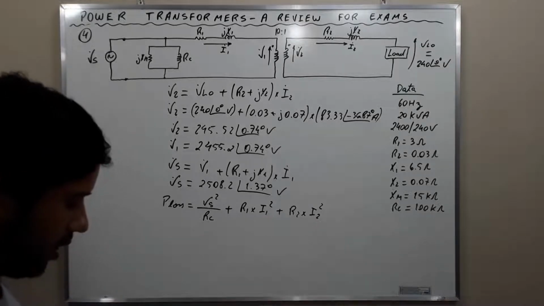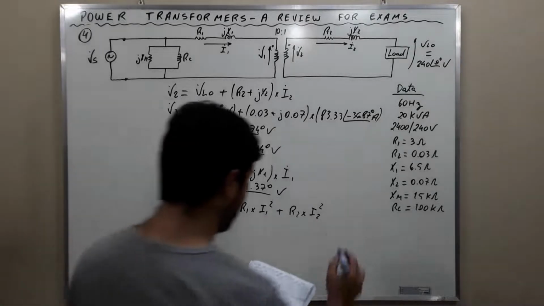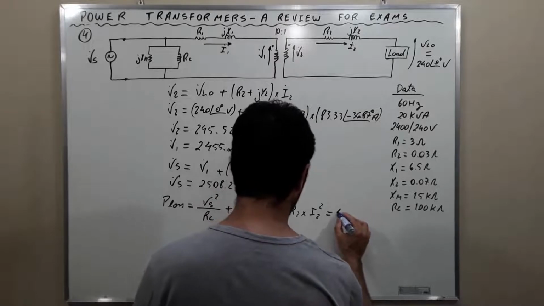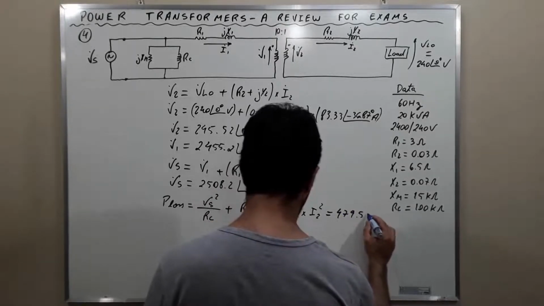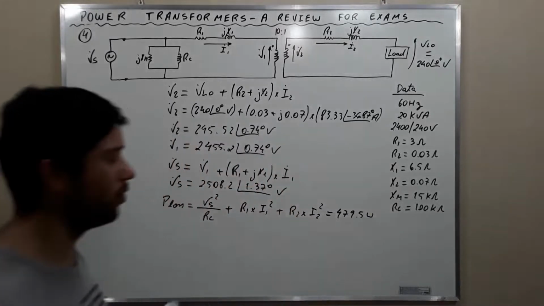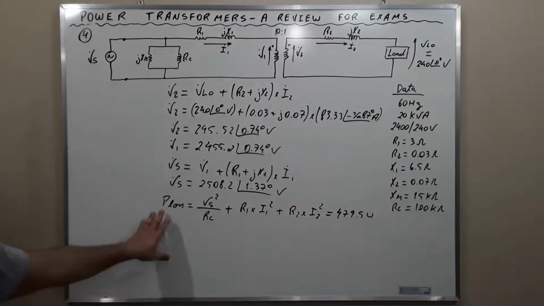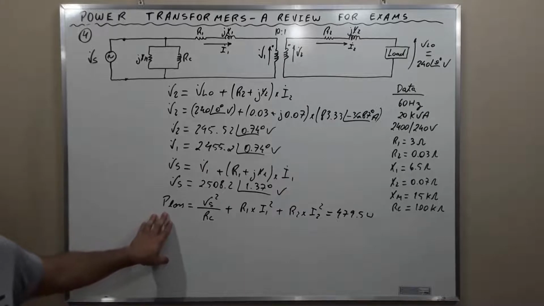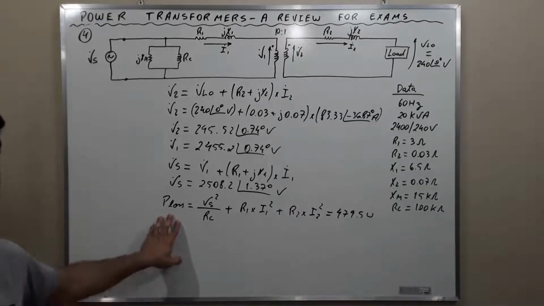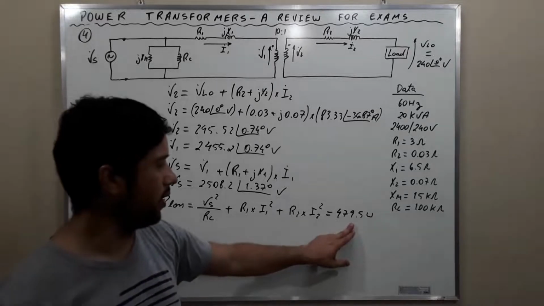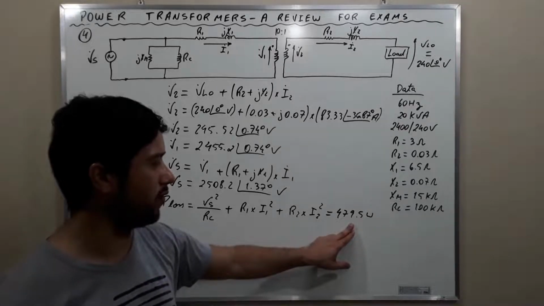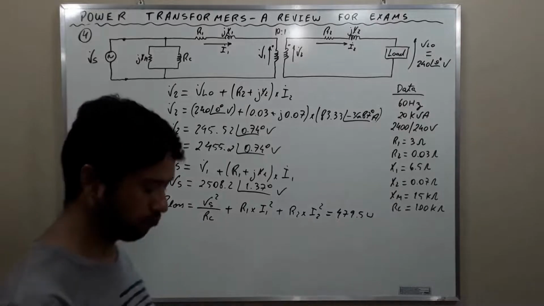We find a power of 479.5 watts. No phase. This is real power, not the complex power. The complex power has a phase. This is only the real part of the power, and it is 479.5 watts.